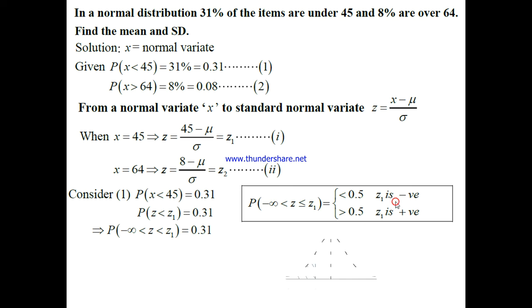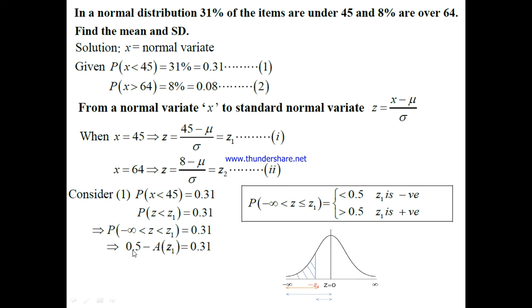And when Z1 is negative, this term is nothing but the area below the standard normal curve bounded by minus infinity to Z1, which we simplify as minus infinity to 0, then minus Z1 to 0. Whether it is minus Z1 to 0 or 0 to Z1, both give the same answer.